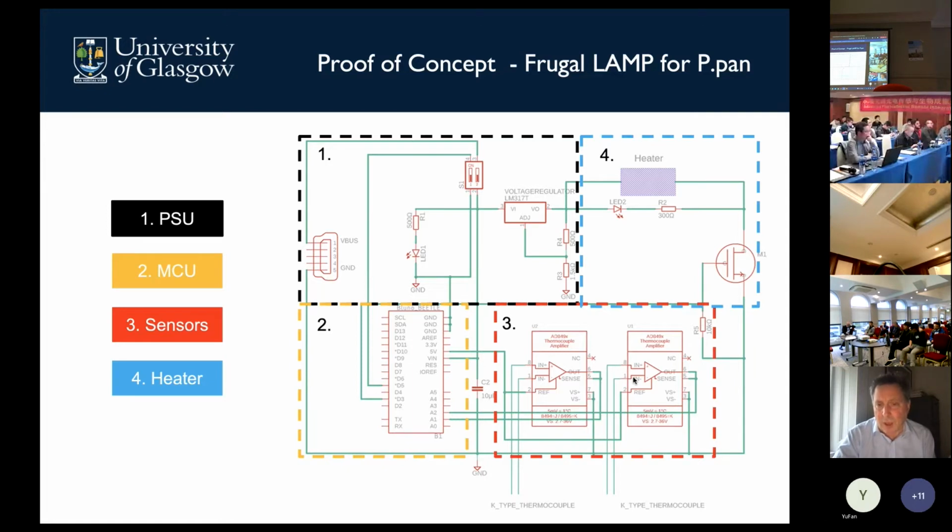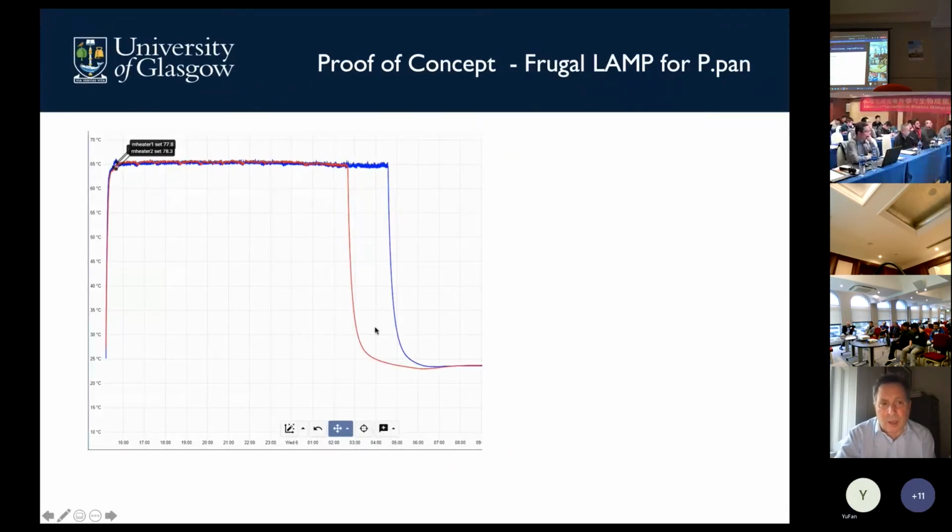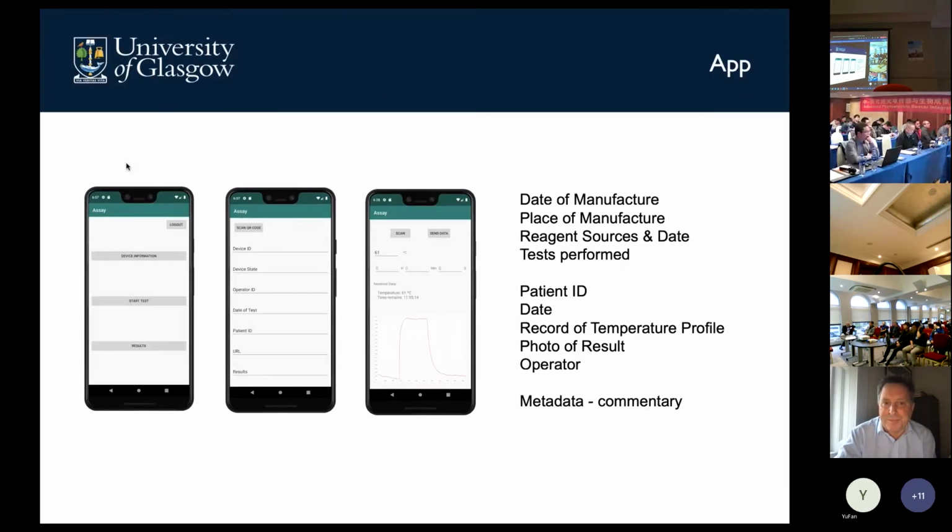So it's a simple circuit to build, and you can see that we can maintain a very stable temperature on our chip for as long as the battery lasts. We're able to run these for somewhere around 4 or 5 hours, should we want to, and perform that DNA amplification within the device.